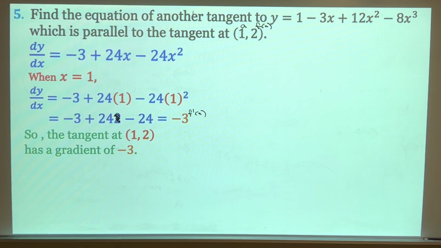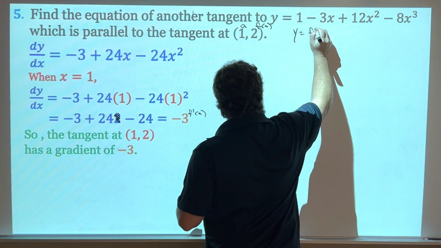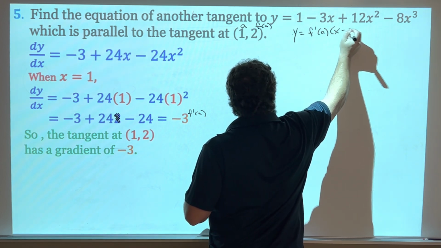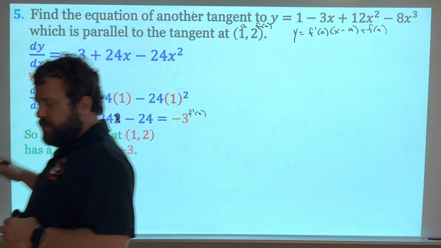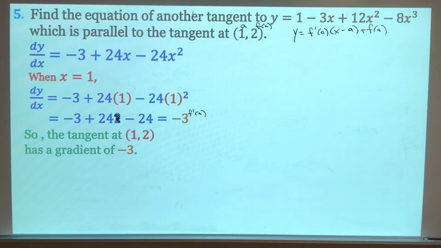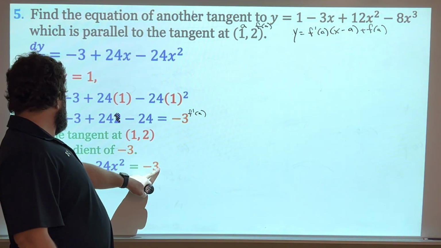The one we've been using. We're going to use the one that is y equals f prime a times x minus a plus f of a. I got my order messed up. So do that. You get negative 3 is my gradient, right?